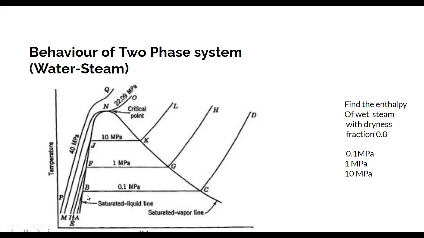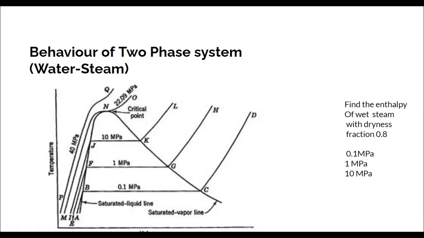Here hf is the enthalpy of saturated liquid. hfg is hg minus hf, which is the latent heat of vaporization, that is the heat required for phase transformation. And x is the dryness fraction. So by reading the values of hf and hfg from the steam table, we can easily find the specific enthalpy of wet steam at any given pressure.